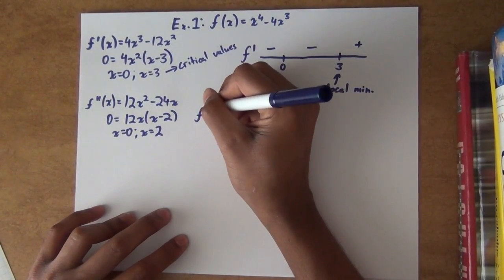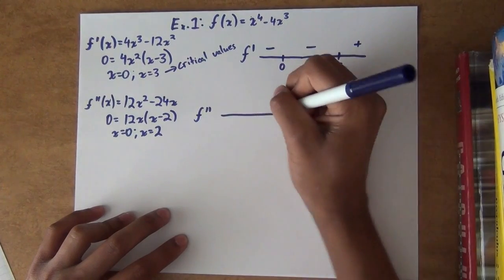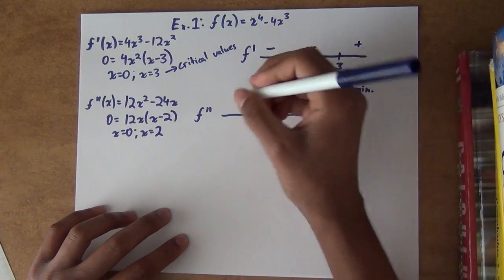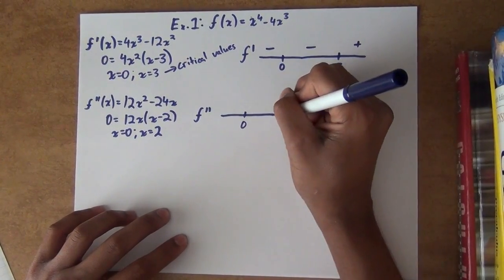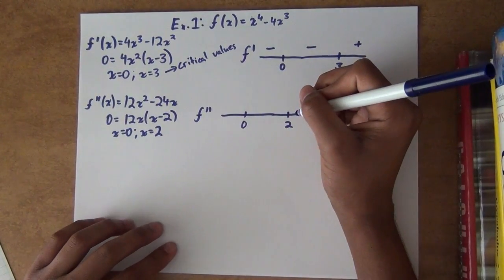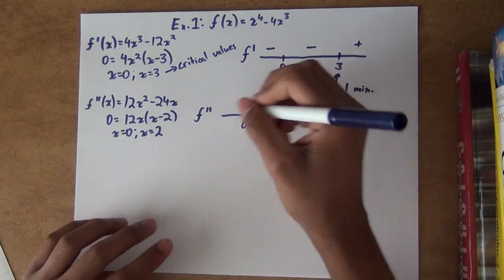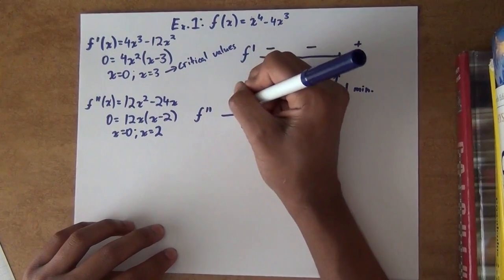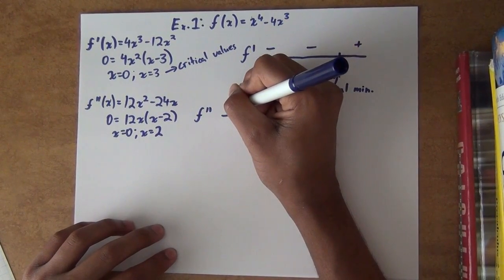So we do the second derivative test here, which is exactly the same process as the first derivative test. Place your critical values on the number line and test if it's positive or negative in each of the given intervals. When it's less than 0, it's positive.